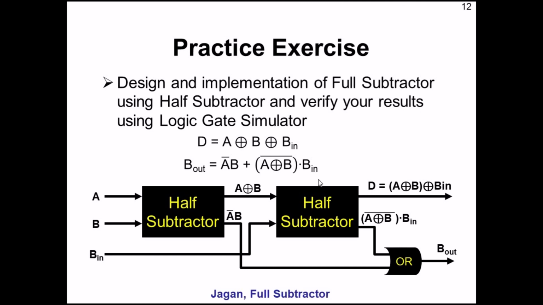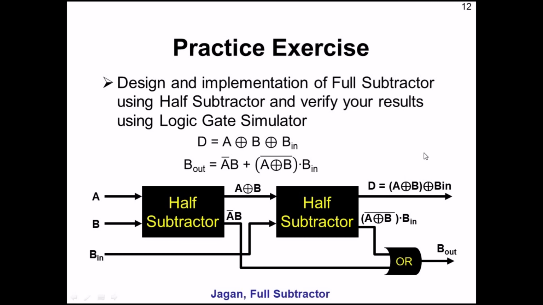So the hint is, as usual, you get the difference as A XOR B from the first subtractor, and the borrow would be A bar B, right? A bar B, which is in the borrow row. Then that is given as one of the inputs to the second half subtractor. Then B in would be the next input. Then here I will get the difference as A XOR with B XOR with B in.